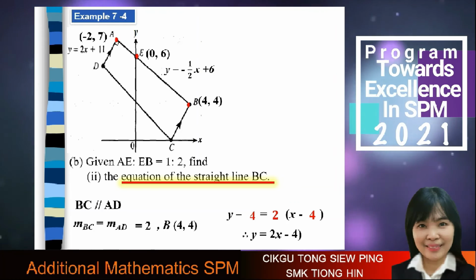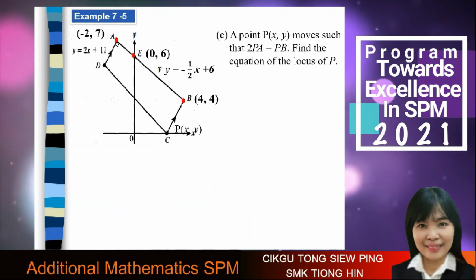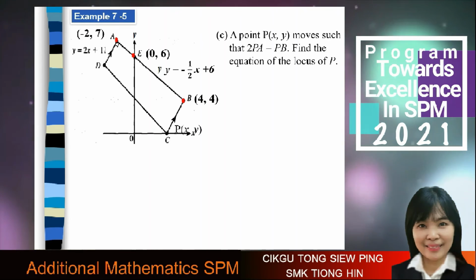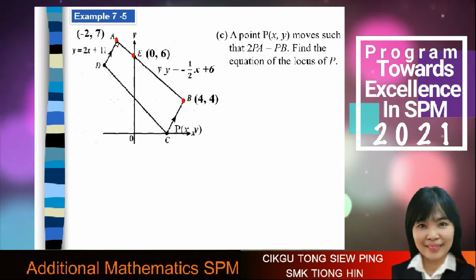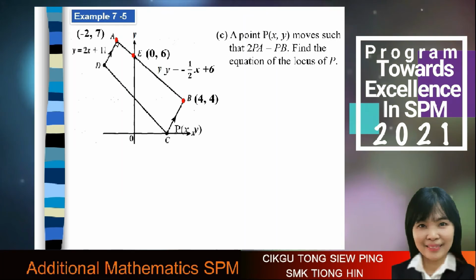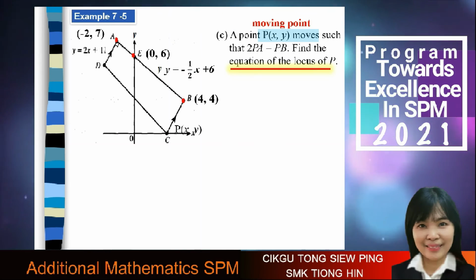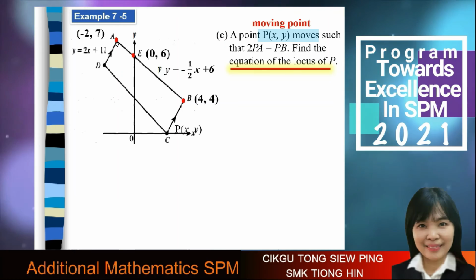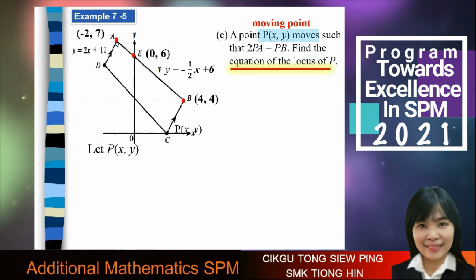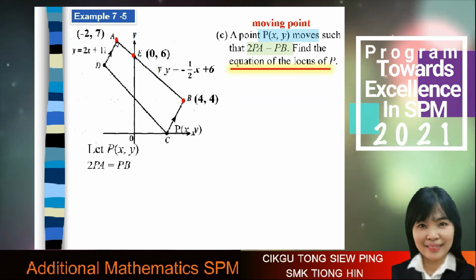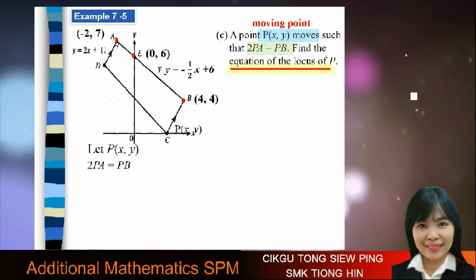Let's go to the last part, C. A point P, (x, y) moves such that 2PA equal to PB. Find the equation of the locus of P. So, P moves tells us that it is a moving point. So we let P be (x, y). And 2PA equal to PB. So we use the distance formula here.